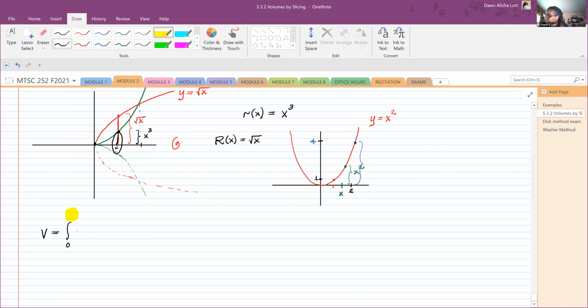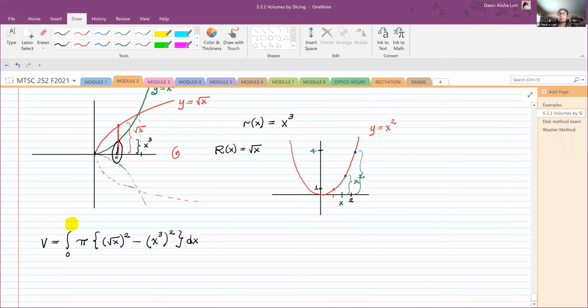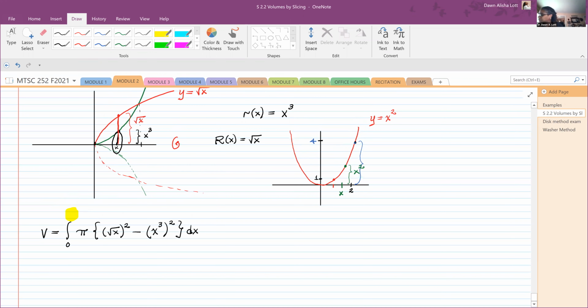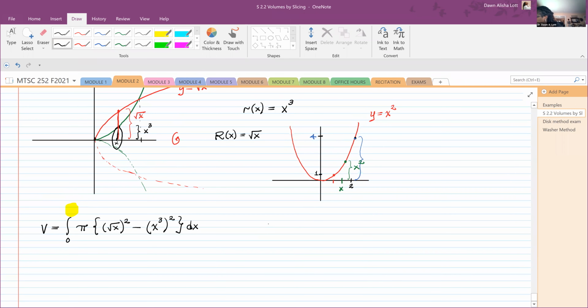So we know we have pi. The big radius is the square root of x, and the little radius is x cubed. The only way to figure out where they meet is to set them equal. So set x cubed equal to the square root of x.